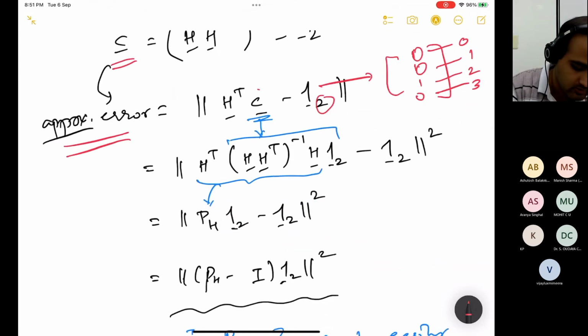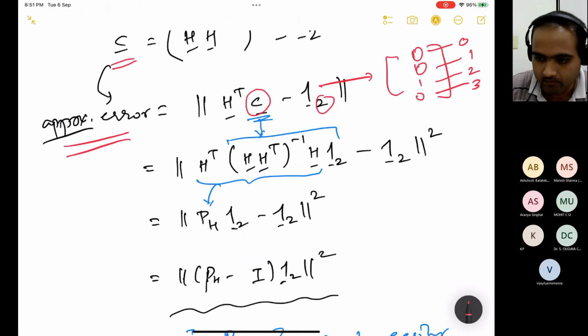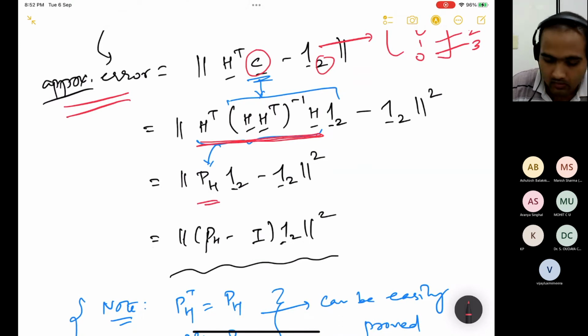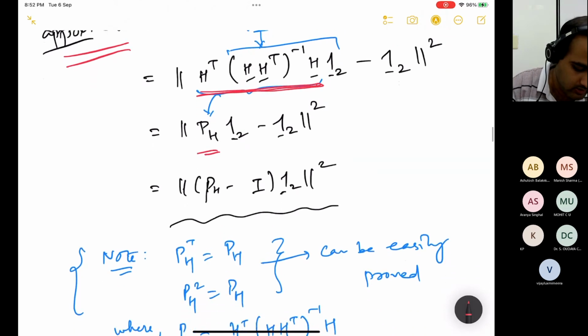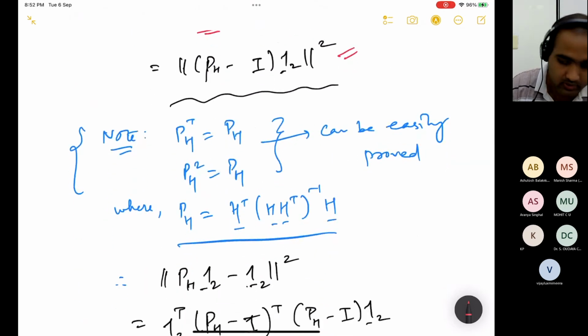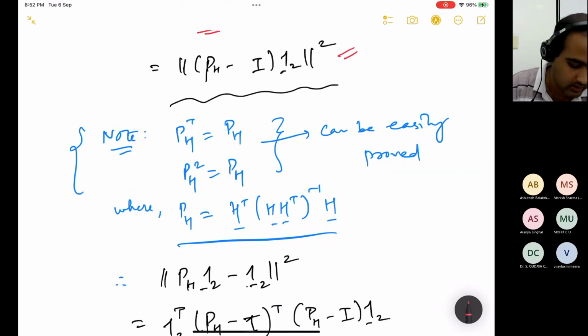Now here, if you substitute the value of C, which is H transpose inverse H 1, 2 vector, and then solve it, let us consider this entire matrix as PH, right? To solve this equation, there are a few properties you should know: PH transpose is PH.